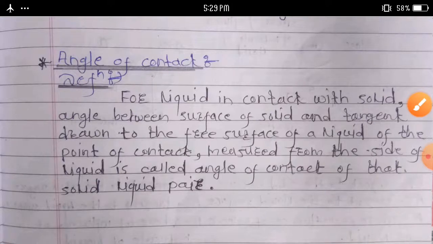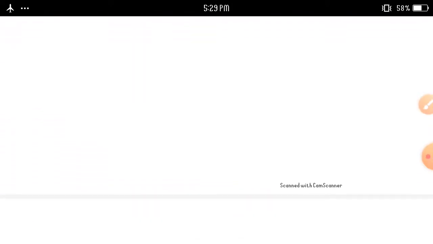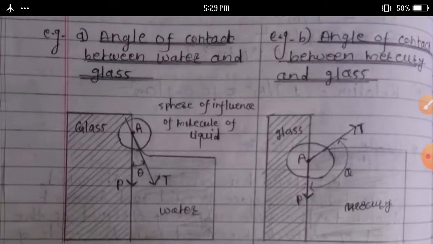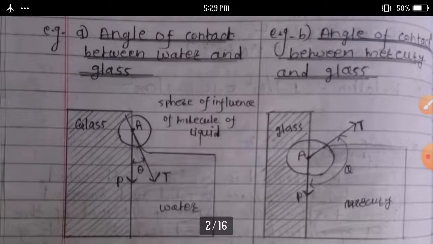This definition we can explain here in a diagram. Here are two diagrams: angle of contact between water and glass. Here we consider the tangent to the solid surface.